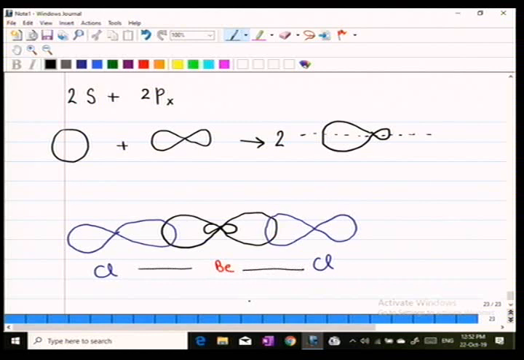This is your BeCl2 and the bond angle is 180 degrees and hybridization will be sp. Guys, kindly confirm once. And one more thing. This is positive, this is positive, this is negative, this is positive, positive, and then negative.